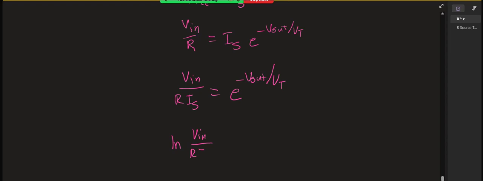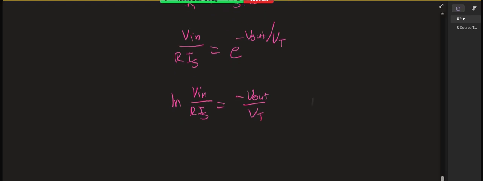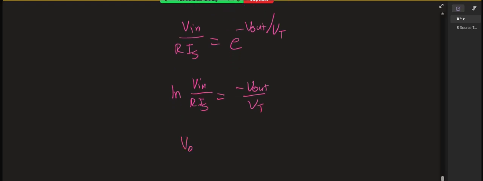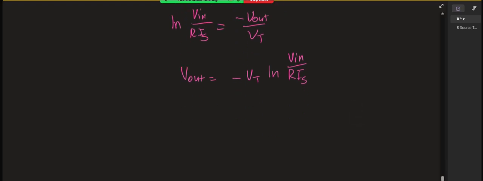Vn over R IS equals minus V out over VT, or V out equals minus VT times the natural log of Vn over R IS. That's all there is to that one.